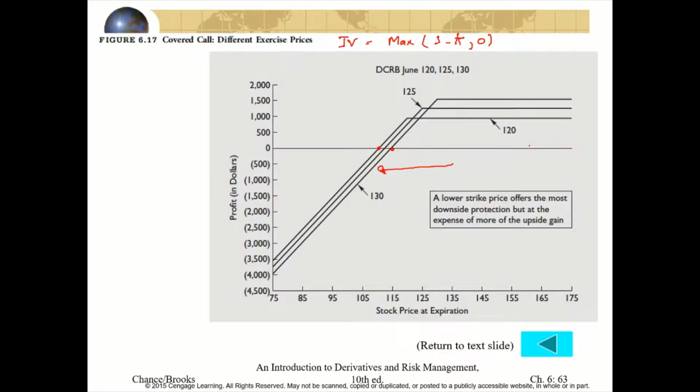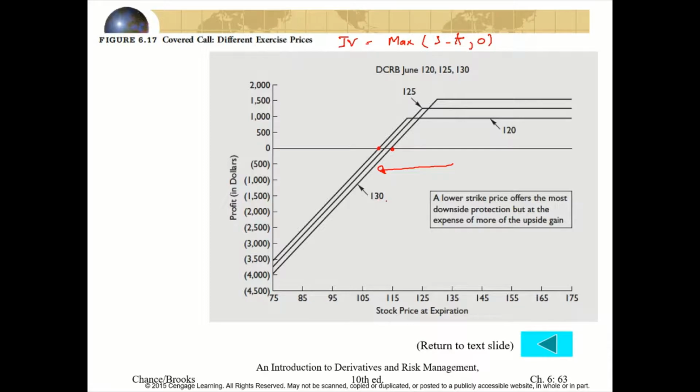So if that's the case, and since the counterparty will not exercise until the price exceeds 130, any movement in the stock price, I'm going to realize it as a gain on my side until we reach 130. After 130, the counterparty will exercise, so I will sell the stock at the strike price 130.